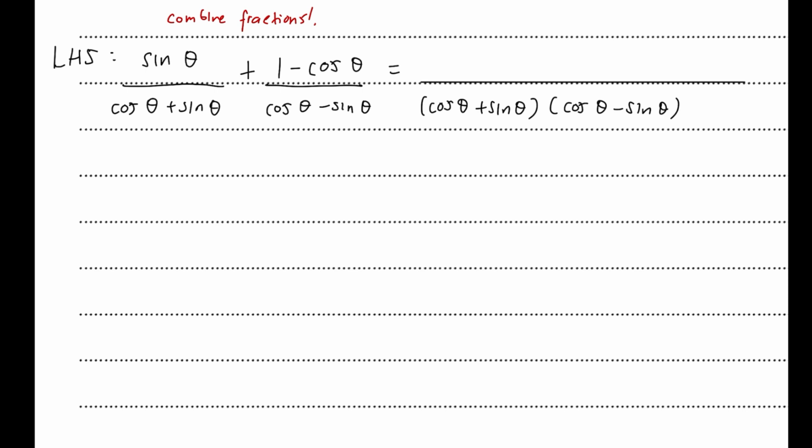And then this thing divide by this and then multiply by sin theta. So sin theta multiplied by this. So we will get sin theta times cos theta minus sin theta plus 1 minus cos theta multiplied by cos theta plus sin theta.